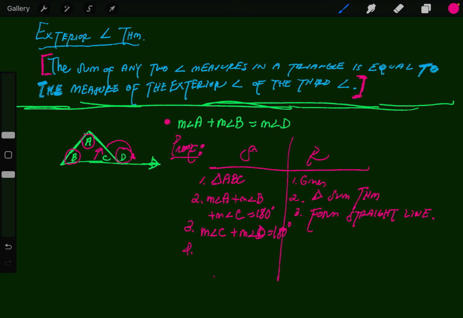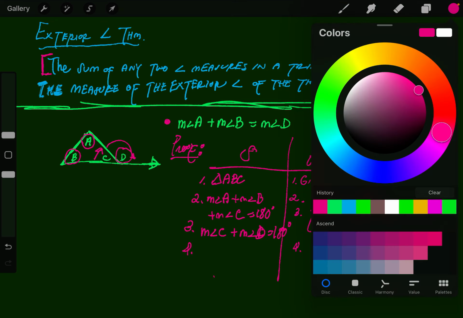Then, step 4: the measure of A plus the measure of B plus the measure of C is 180, and the measure of C plus the measure of D is 180. Therefore, these two expressions are equal to each other.